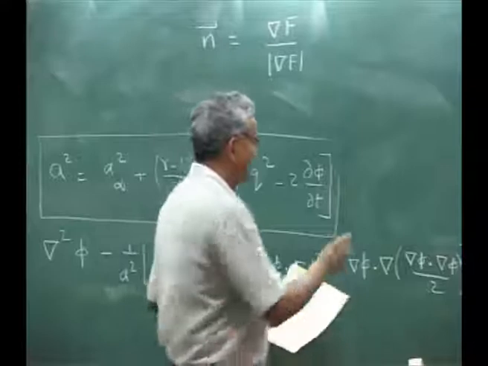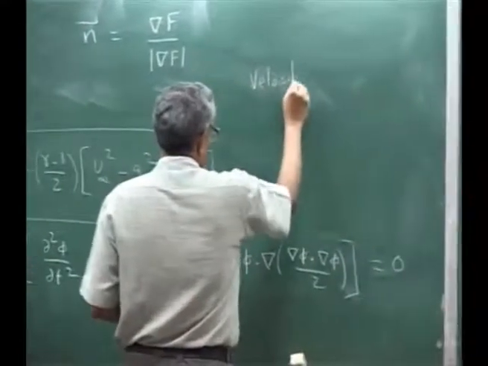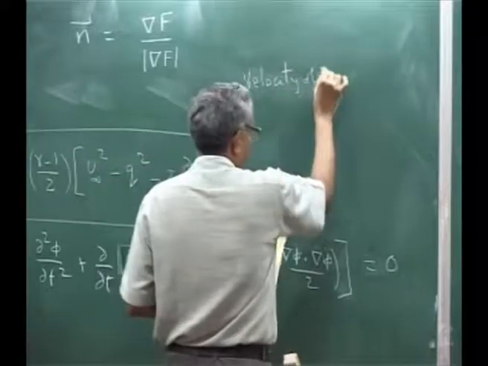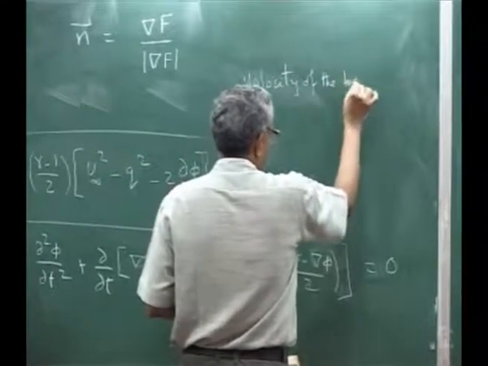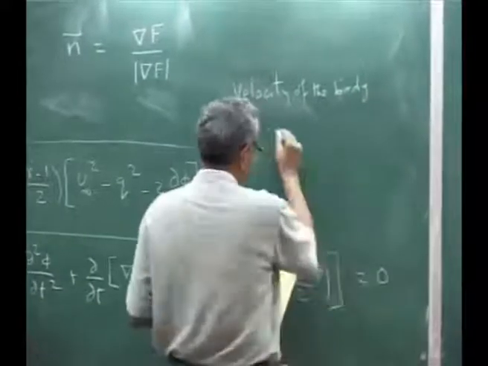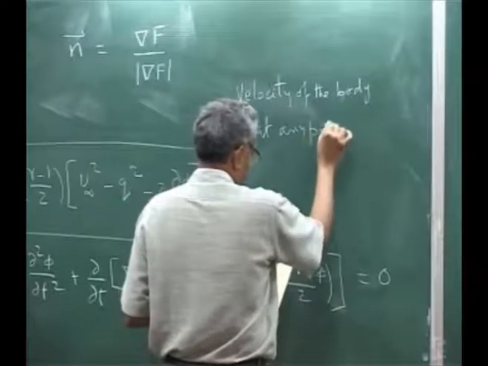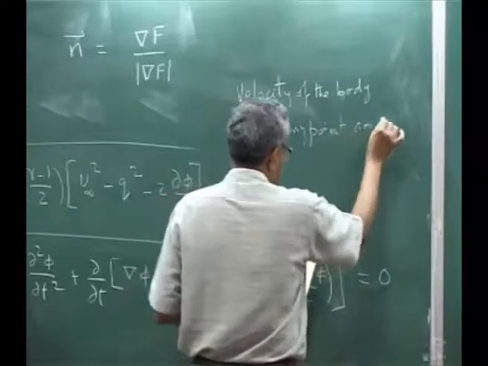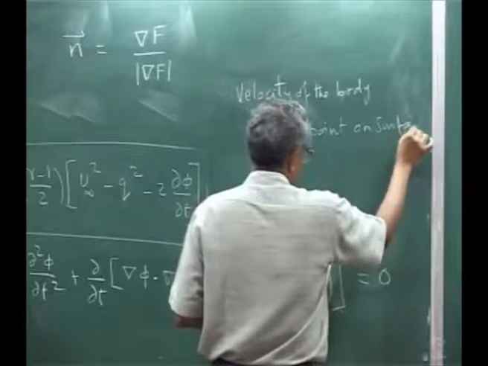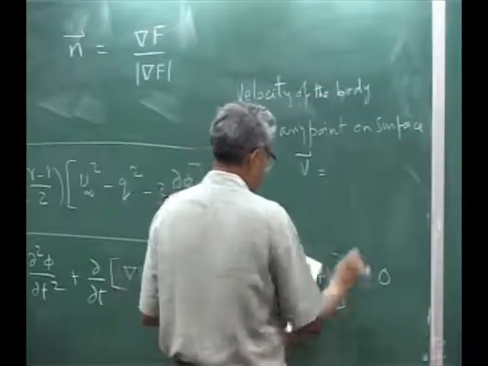Now what is the velocity of the body? The velocity of the body at any point on the surface, that V is what?